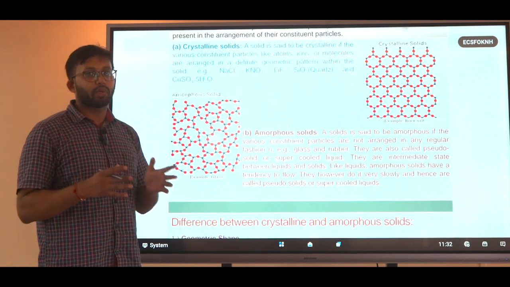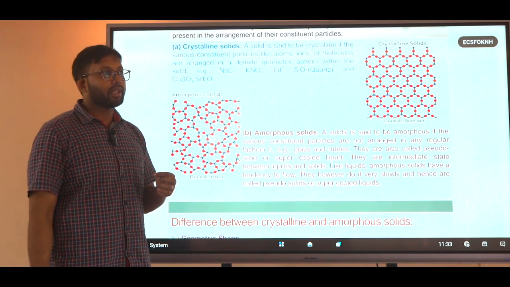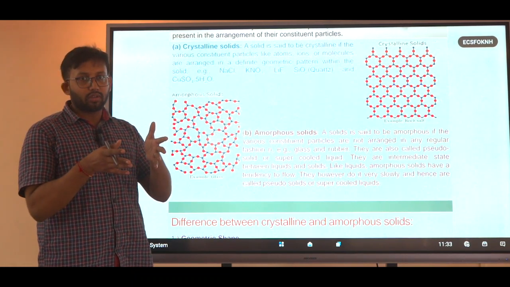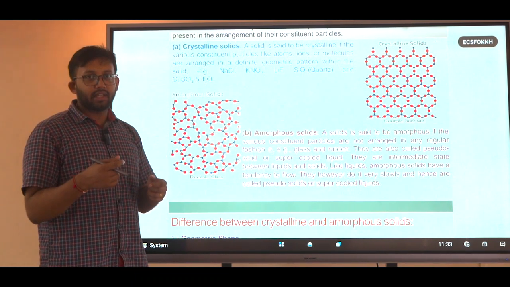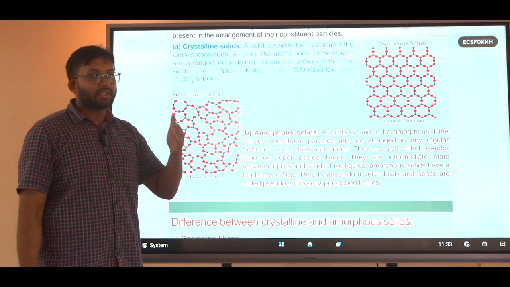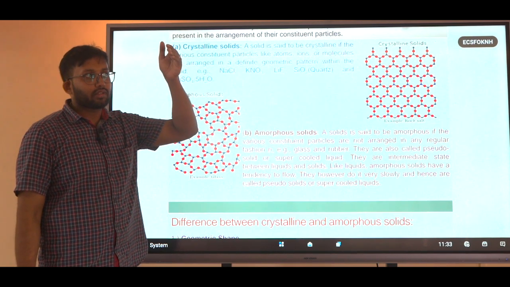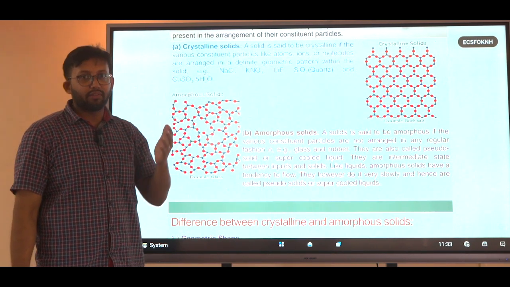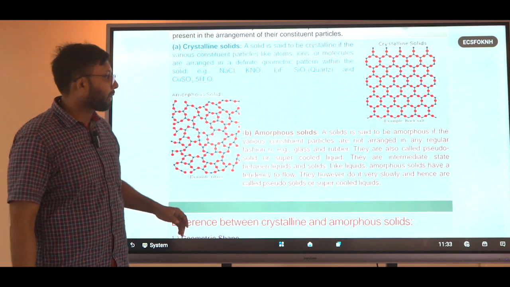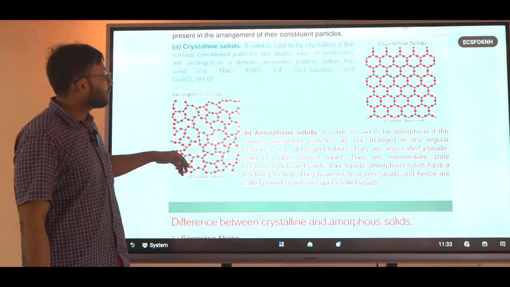If you want to realize that, we can go to older buildings and see that the lower part of the window panes is thicker than the upper part. It shows that with time the glass has flowed due to gravity, and thus the bottom part is thicker compared to the upper part. So these are some examples and definitions of amorphous solid.